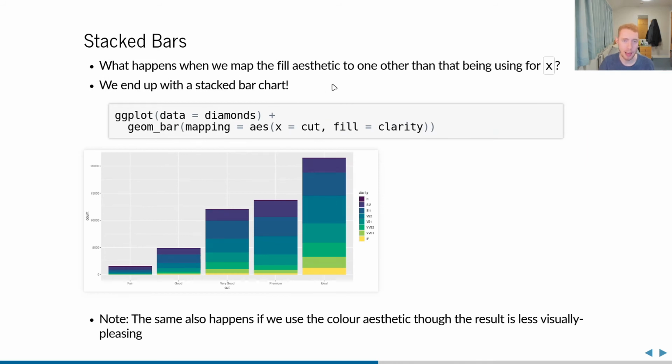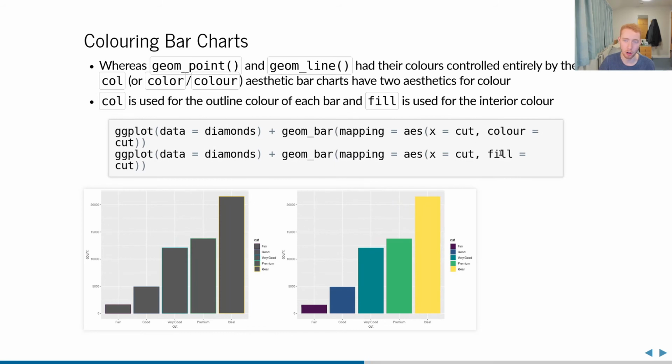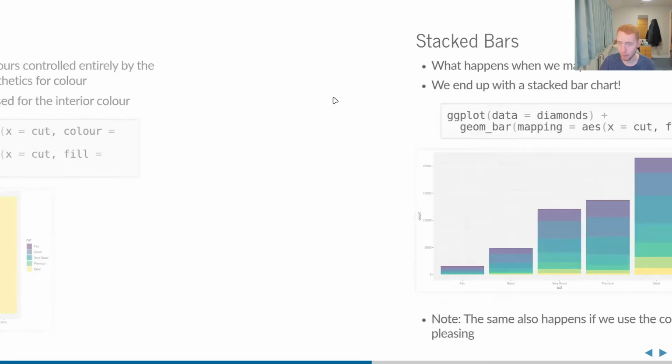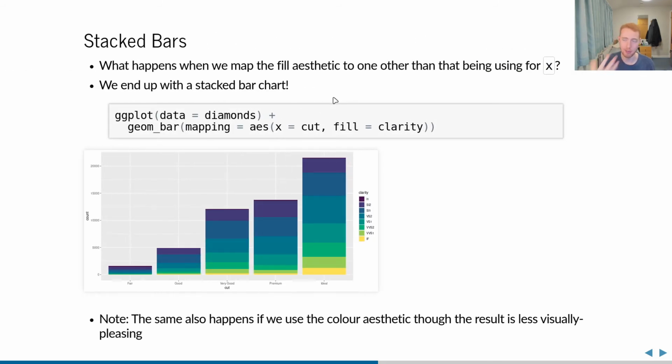What happens when we set the fill aesthetic to a different variable than our x? In this example, with x being cut and fill being cut, it's quite boring. What happens if we set fill to be a different variable to x? Well, then we end up with a stacked bar chart. Very pretty, very minimal effort to get something very nice. We take the diamonds data set, geom_bar, our x is cut, fill is clarity.